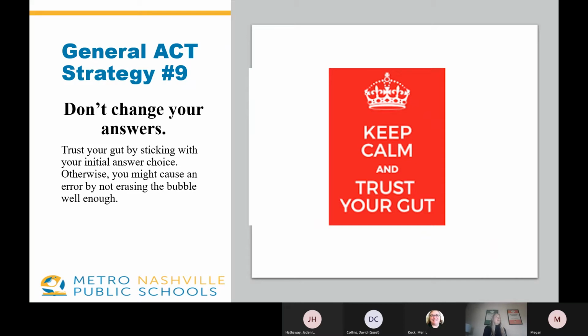General ACT strategy number 9, don't change your answers. Trust your gut by sticking with your initial answer choice. Otherwise, you might cause an error by not erasing the bubble well enough. So, for example, if you're on the English section and you're going to only focus on answering the 50 shorter questions, and you decide you're going to guess with the bubble of the day on the longer ones, but you might want to try to go back.